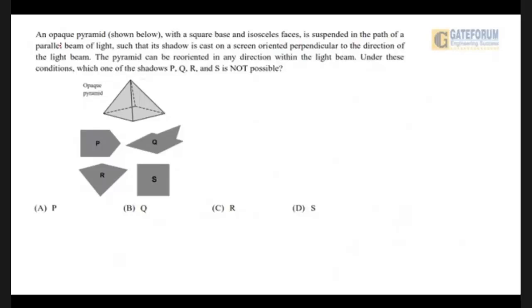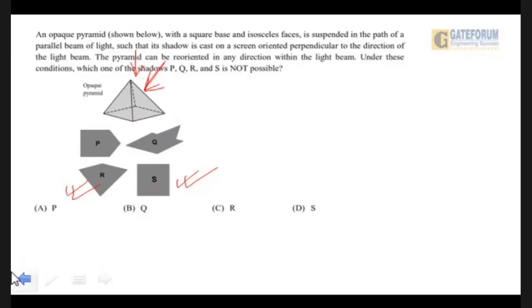Pretty simple. I mean, it's clearly apparent. See, if the light beam falls from the top, then this can be possible. The light beam is falling from the top, so the screen is like this. This can be possible. If the light beam falls, say suppose somewhere like this, this is highly possible.